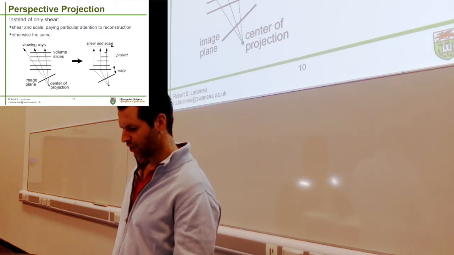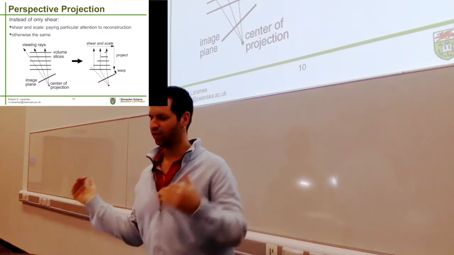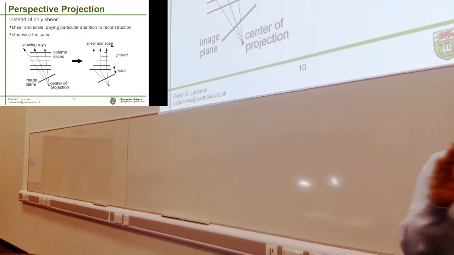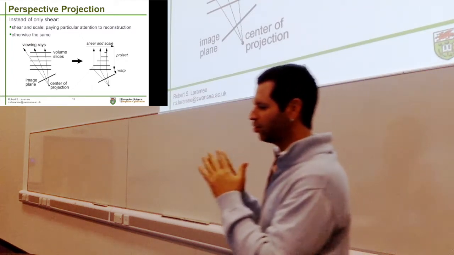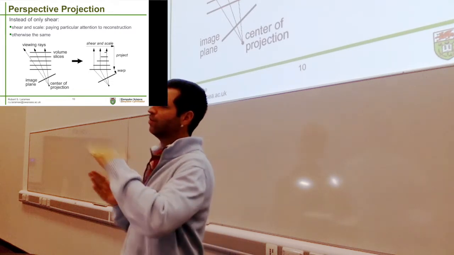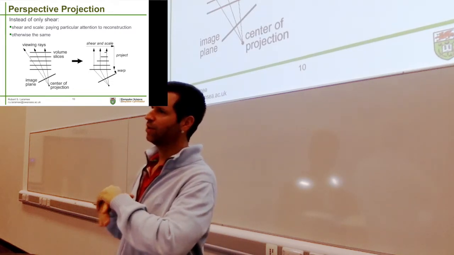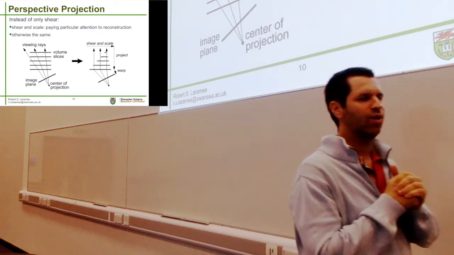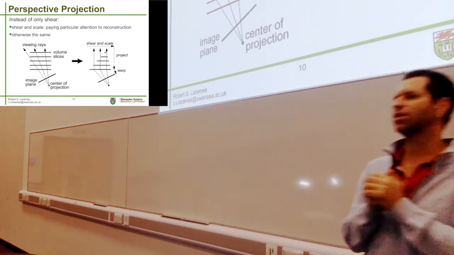So the shear does two things. It translates the slices and scales them down, makes them smaller, shrinks them the further away they are from the viewpoint. Because that's what happens in real life, or that's what happens with your vision.